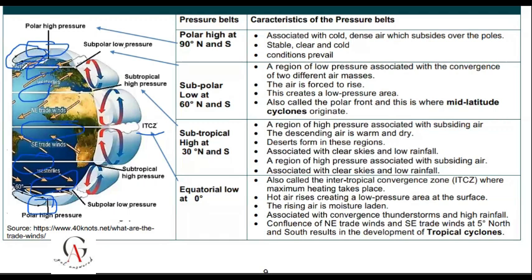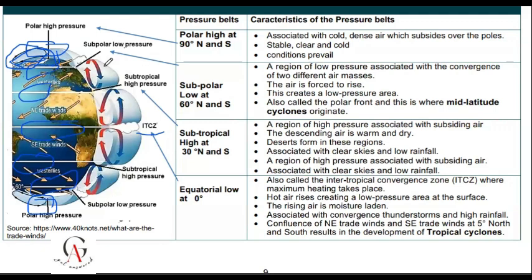As it gets to the subpolar low, it rises and feeds back to the high pressure cell. So at the end, it creates what we call a circulation cell. So typically we are saying there is circulation happening between the polar high and the subpolar low.